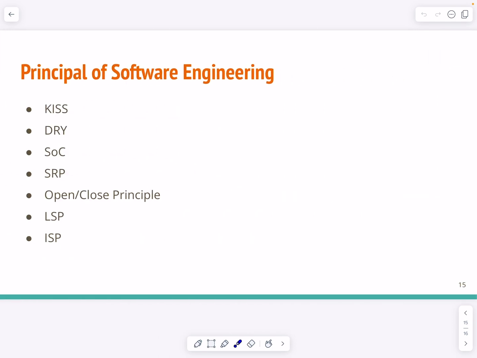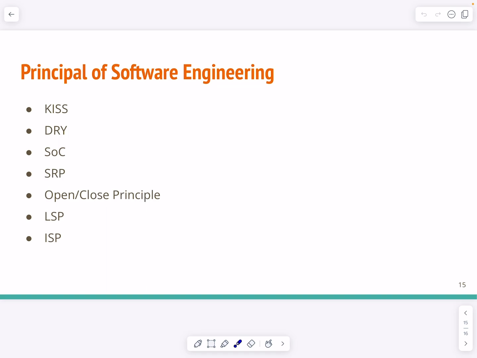Okay, so next big topic is the principles of software engineering. The first one is KISS, which is keep it simple and stupid. And the second one is DRY, which means don't repeat yourself.